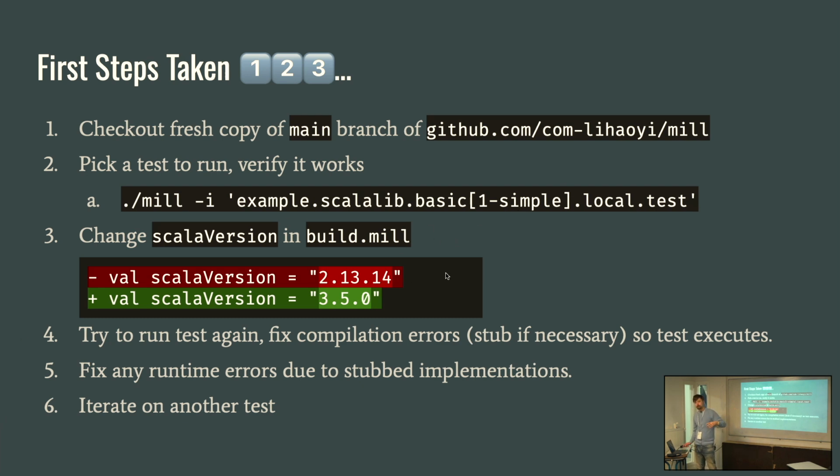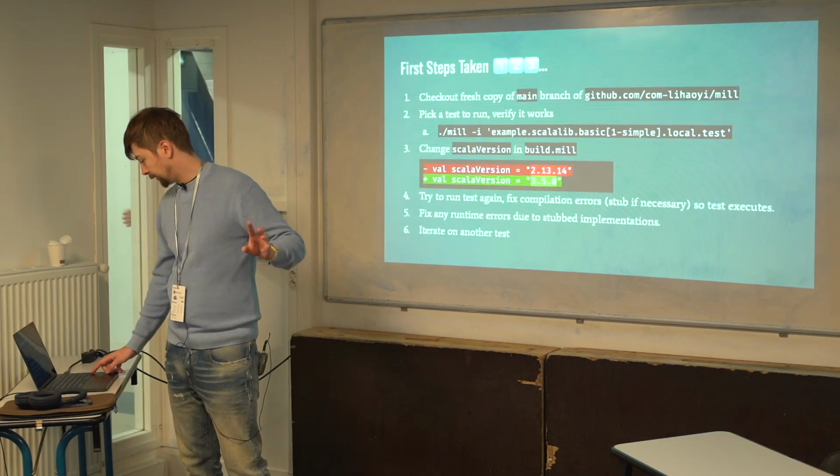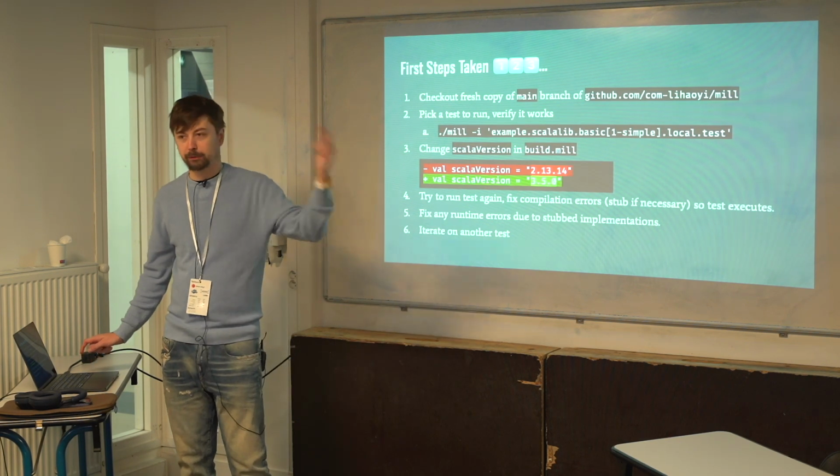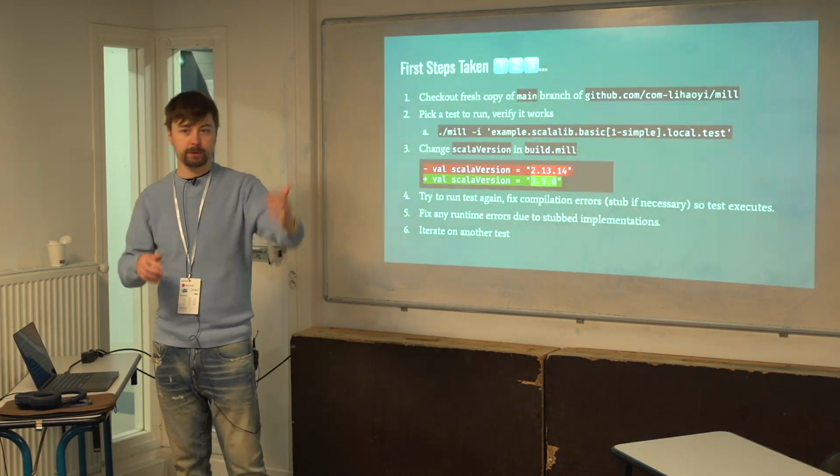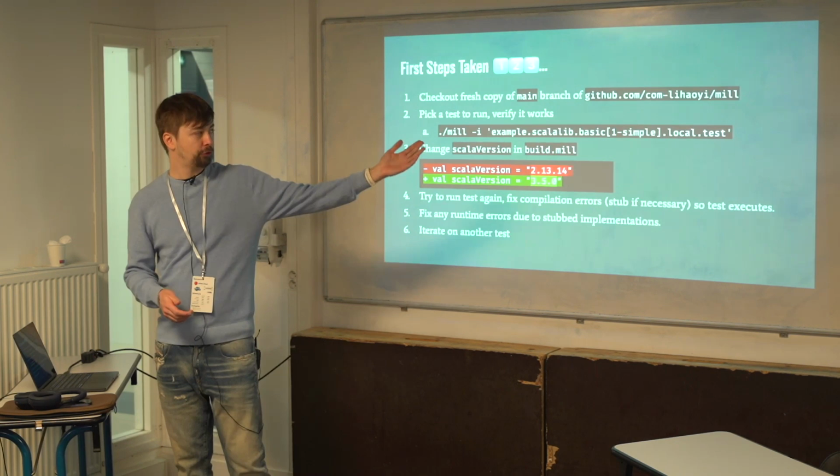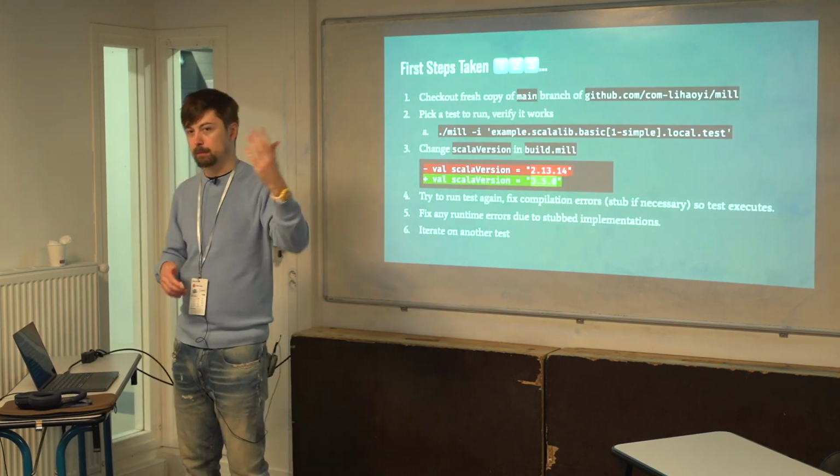Then it's time to migrate, so I changed the Scala version to 3.5. And of course, nothing at all worked. There were many errors like macros and syntax, so let's see what those are. I'll try to plug the gaps, doing everything to get this one test to pass and then move on to the next thing.